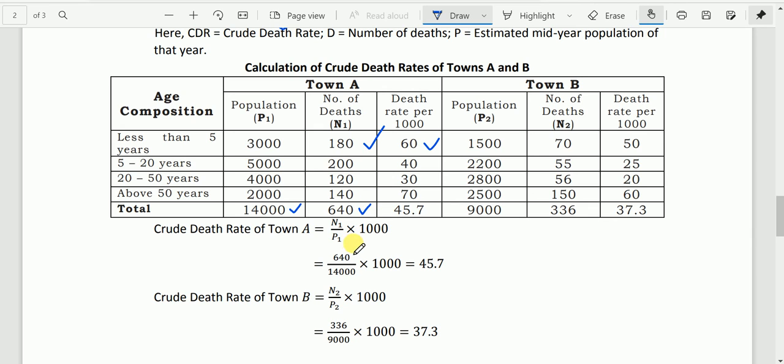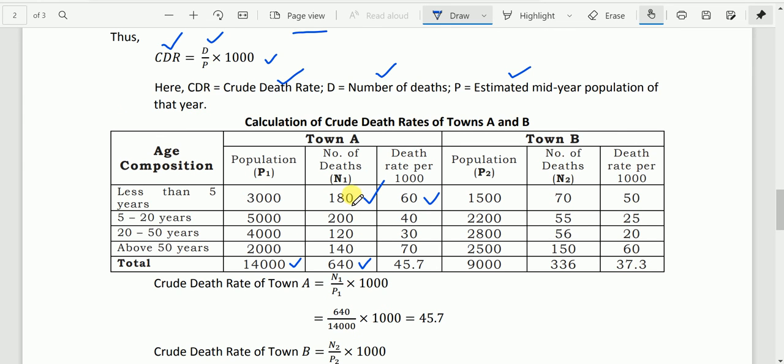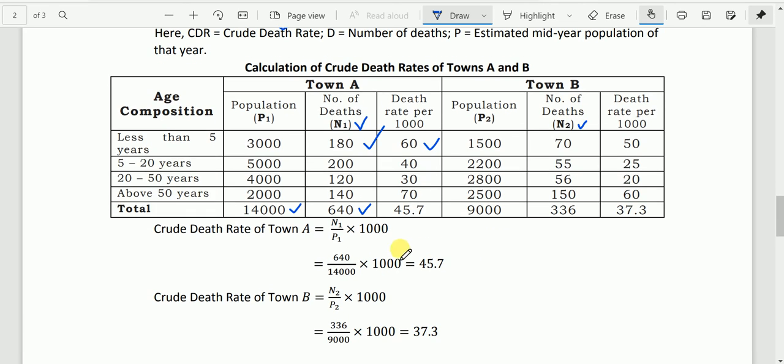Applying the formula, we use the symbol N1 for the number of deaths for town A and N2 for the number of deaths for town B. When we divide the number of deaths by the mid-year population and multiply by 1000, we get 45.7.